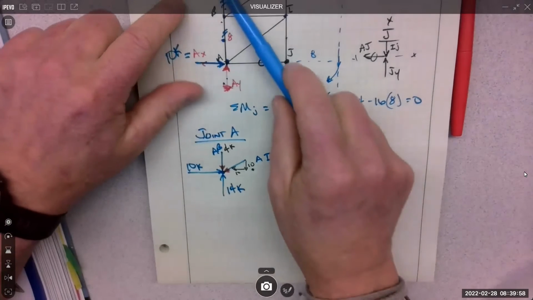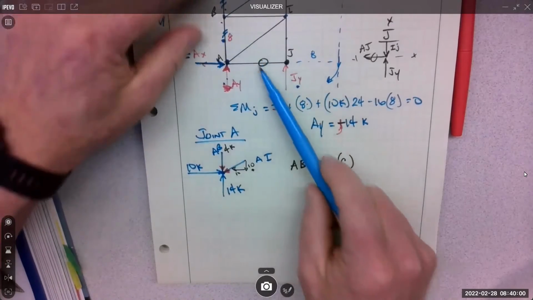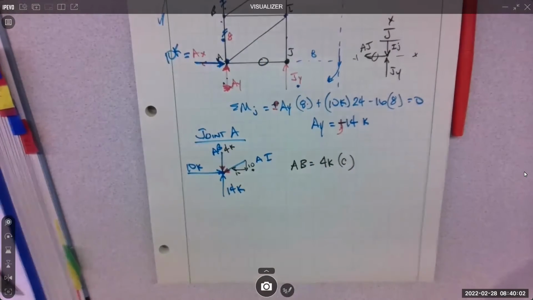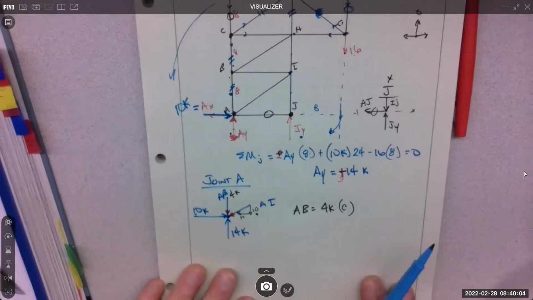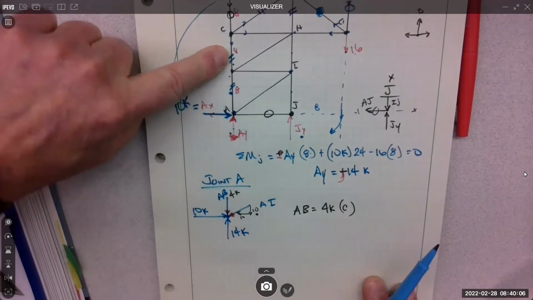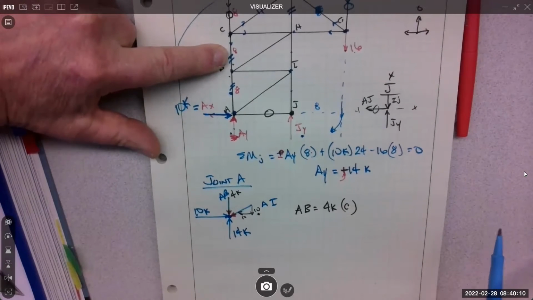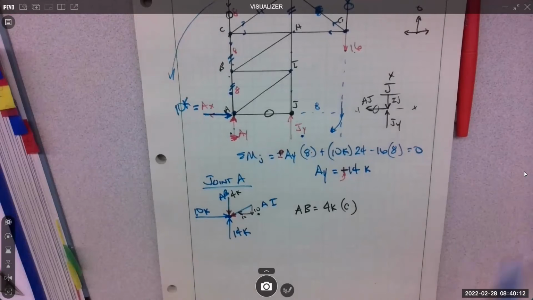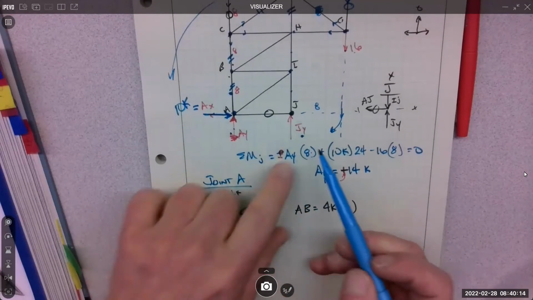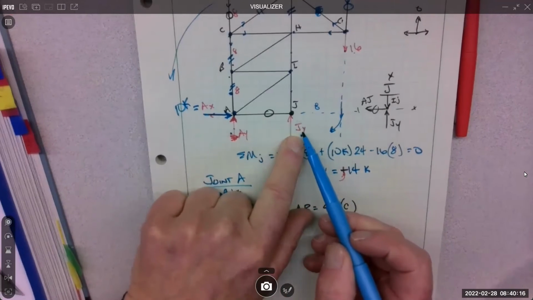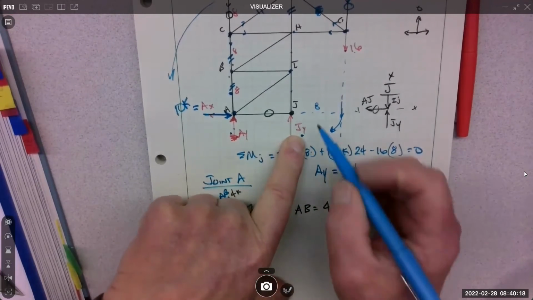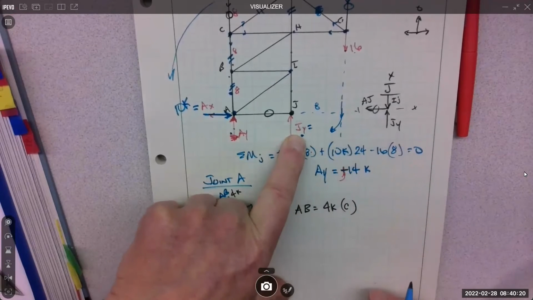How are we going to get CB? Yeah, let's do a cut. We know all this mumbo jumbo down here except for IJ, but we could get IJ or JY pretty easy, couldn't we? What's JY equal to?